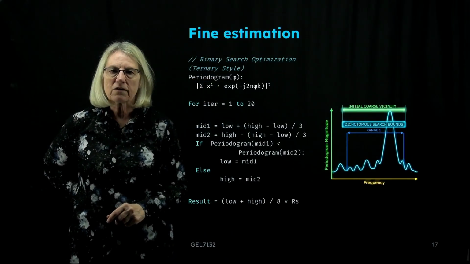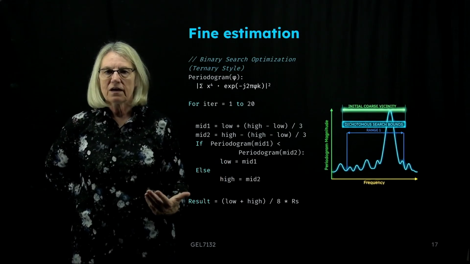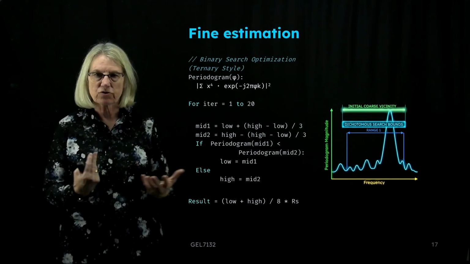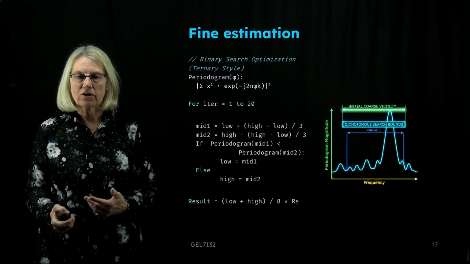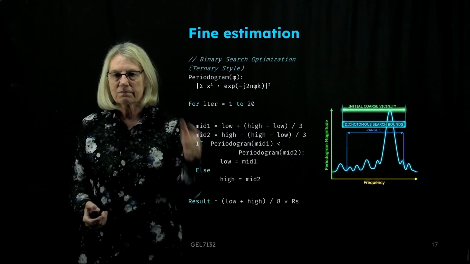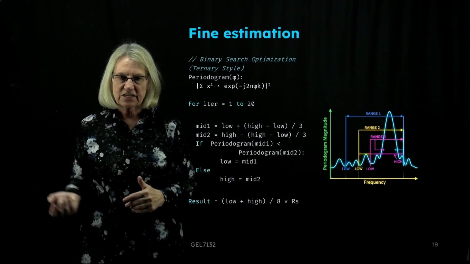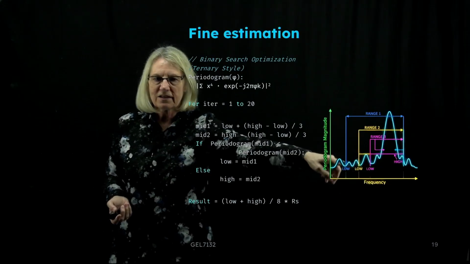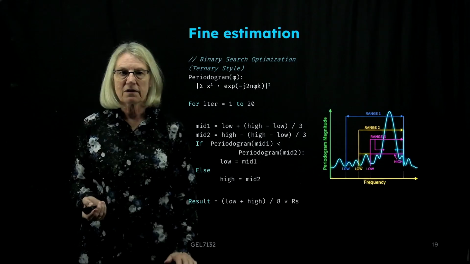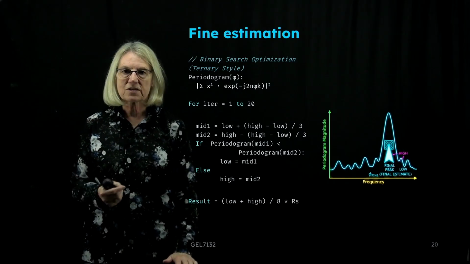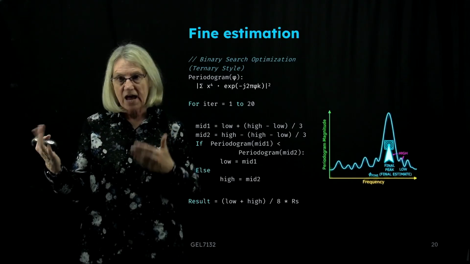And I start calculating a more accurate approximation of the spectrum, the power spectral density of the signal, and I try to look for a better peak finder. I do this a couple of times, iterating until I eliminate the little maxima, and I focus in on the real maximum until I get to my final frequency offset estimation. So this is a compromise on time and accuracy.